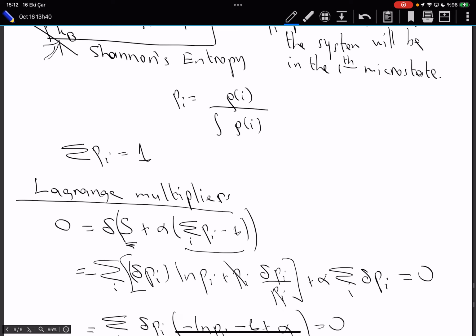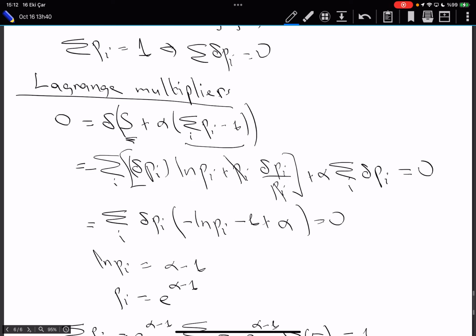You see, the constraint tells me that this should be 0. Not all the variations of p_i are independent of each other. At least one of them depends on the variation of the other ones. But if I want to go from here to here, I have to assume that the delta p_i are independent of each other.